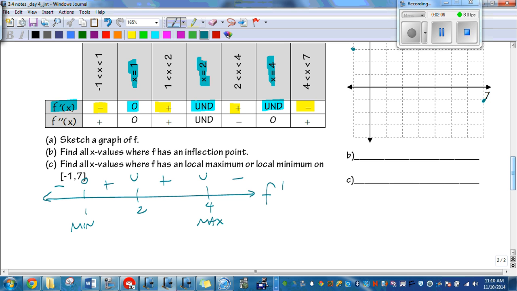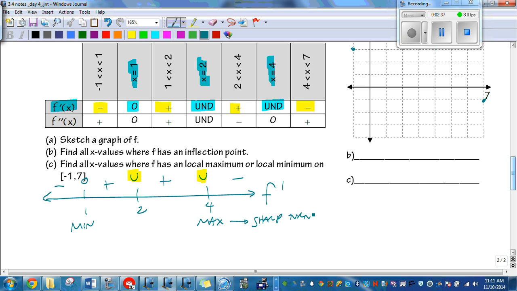Now, we have to pay attention to the fact that these derivatives are undefined. So when we have an undefined derivative, one of two things is most likely going to happen. We're either going to have a vertical tangent line or a sharp turn. So there's a way to kind of tell. If we have a max or a min at a point where the derivative is undefined, that is going to be a sharp turn.